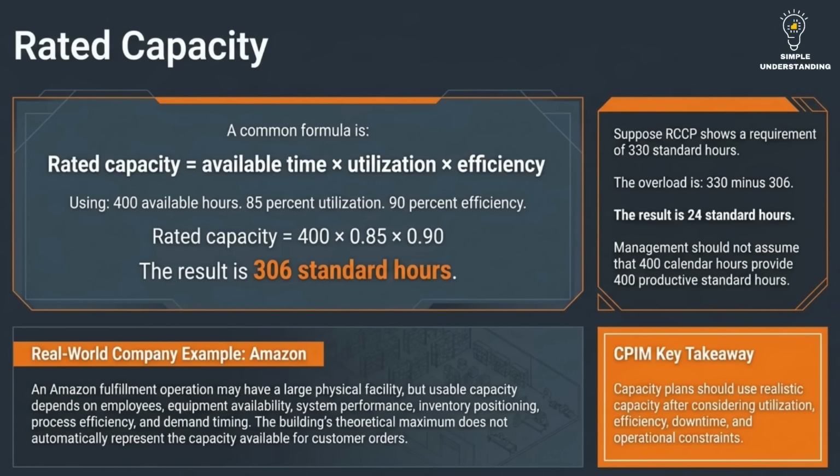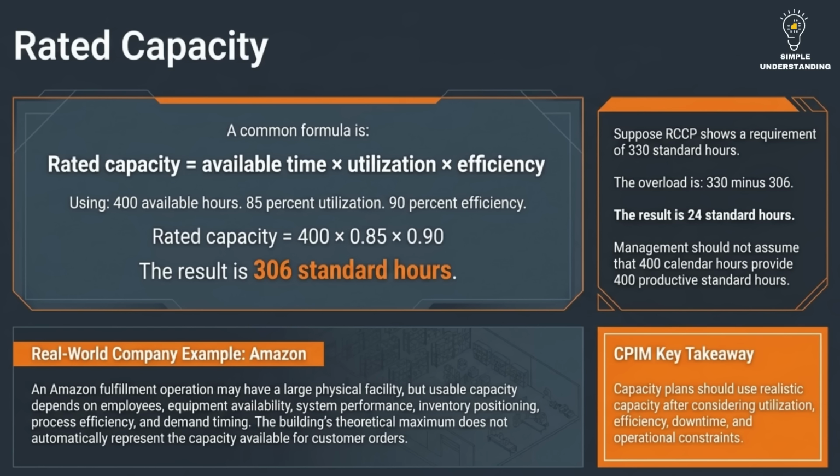Rated capacity. A common formula is rated capacity equals available time multiplied by utilization multiplied by efficiency. Using 400 available hours, 85% utilization, and 90% efficiency, rated capacity equals 400 multiplied by 0.85 multiplied by 0.90.